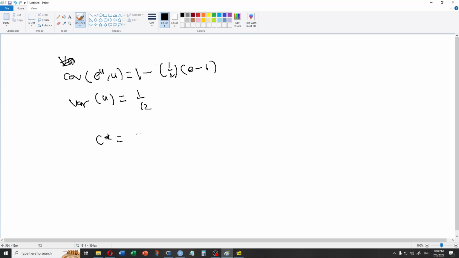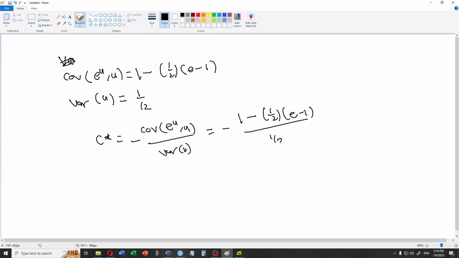So c is minimized at the covariance of e to the U and U divided by the variance of U, and this is negative (1 minus 1 over 2 of (e minus 1)) divided by 1 over 12, which is equal to negative 12 times (1 minus (e minus 1) divided by 2). If you put it the other way around, you get 6 times (e minus 1) minus 12, which is equal to negative 1.69.